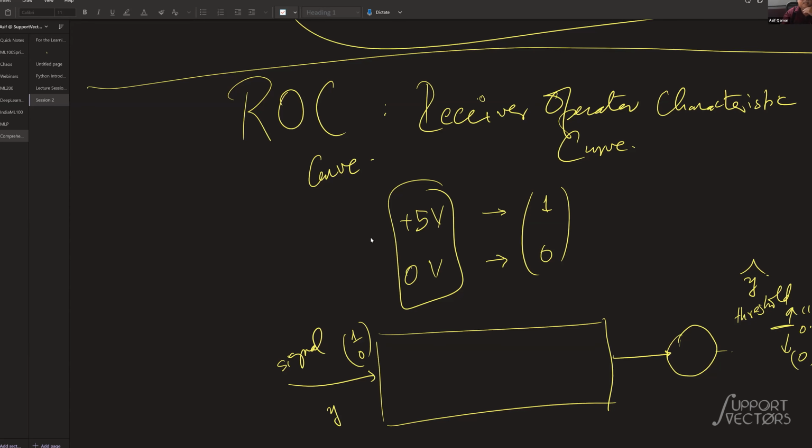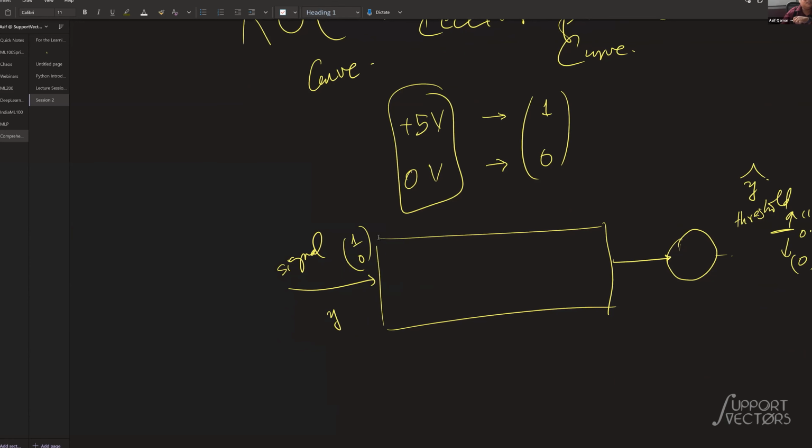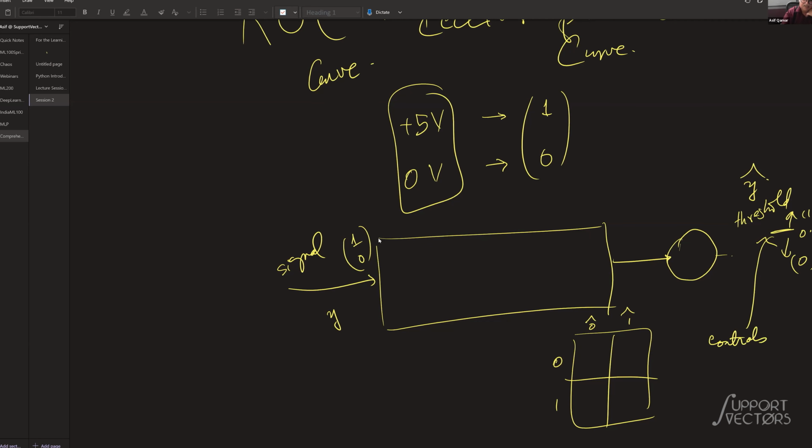You have to decide. Based on whichever decision you made, you would have your false positives. Do you see the same problem? You have the same confusion matrix: it is a 0 or a 1, and it is 0 hat or 1 hat. The threshold controls your precision, your metrics like true positive, false positive, etc.